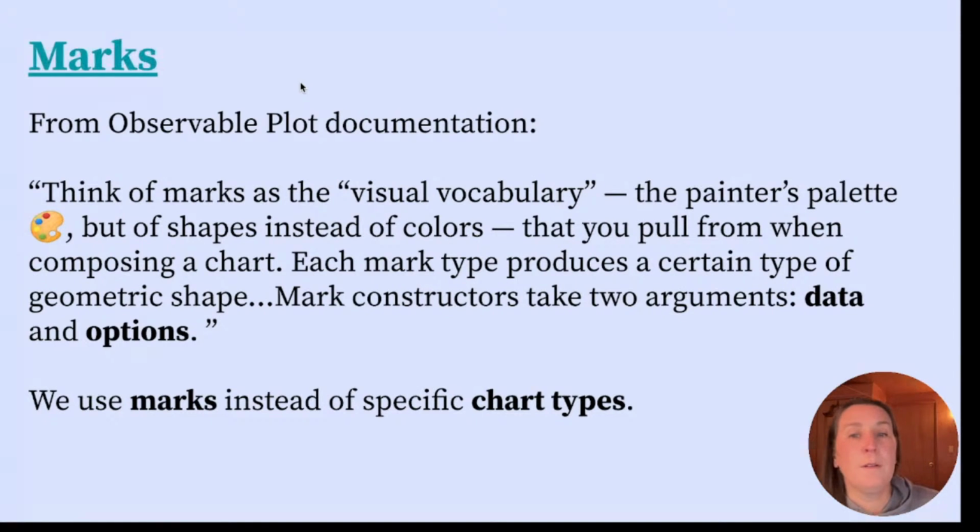Each mark produces a certain type of geometric shape, like dots, lines, bars, cells, text, etc. And marks take two arguments, the data and options. So we have already seen that within a mark like plot dot or plot line, we need to tell it the data that it's using.